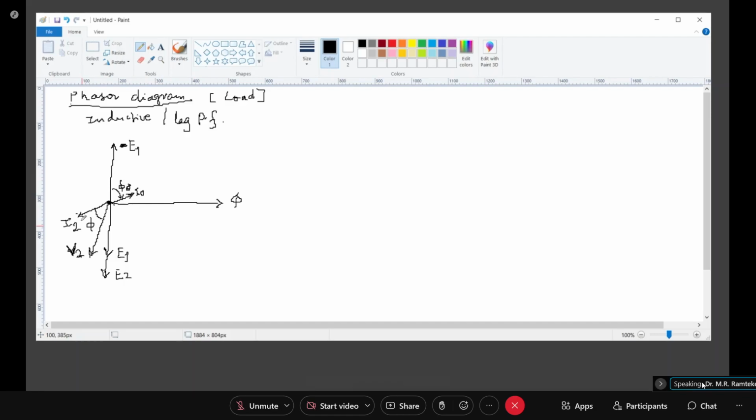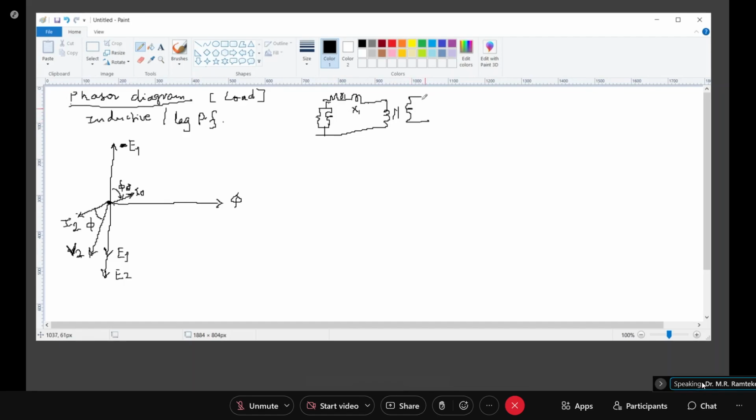Now as you know, I will draw here. Your primary will have the no load branch, and this is R1, X1, the small x1, then the ideal machine.